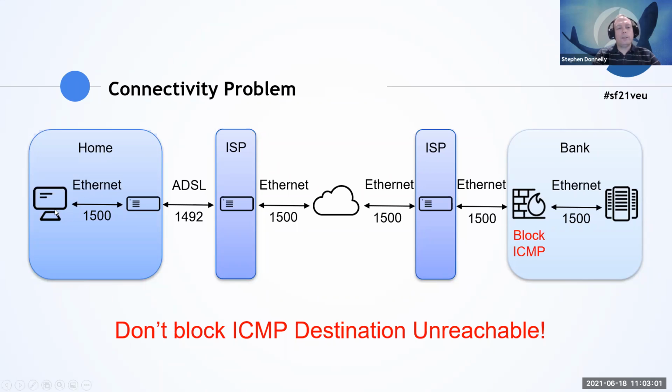So when this machine sends its packet out, it advertises that it can receive 1500 byte packets, and that goes right down to the far end. But what can happen is this router can reduce that advertised size for the MSS down to the link that it knows about. That way the bank won't try sending a 1500 byte packet down this link.